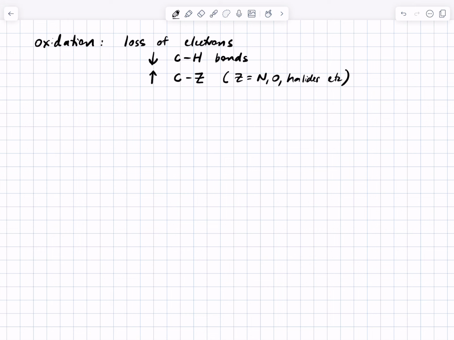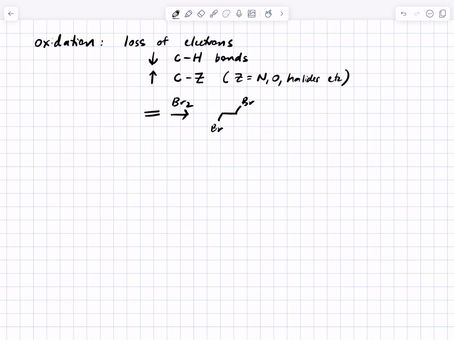So you've seen an example of an oxidation reaction very recently. Alkene halogenation is an oxidation reaction, though we didn't tell you it was. This is an increase in the number of carbon-heteroatom bonds.